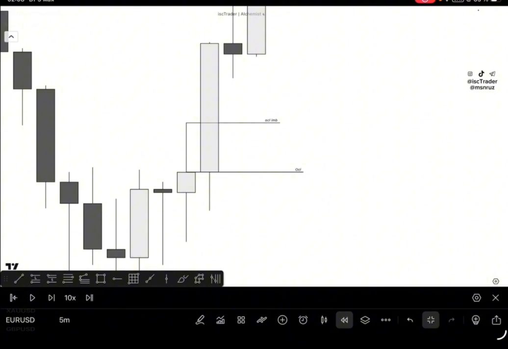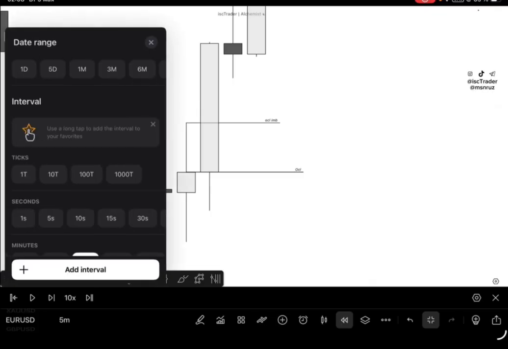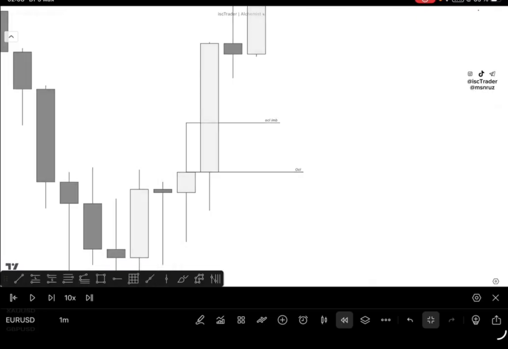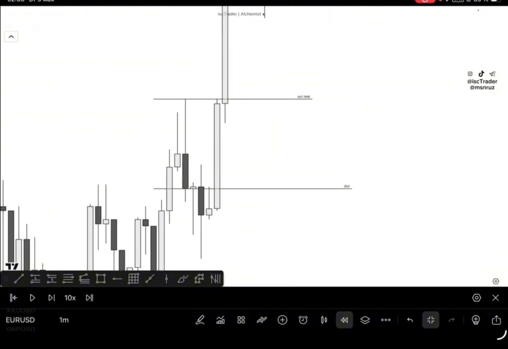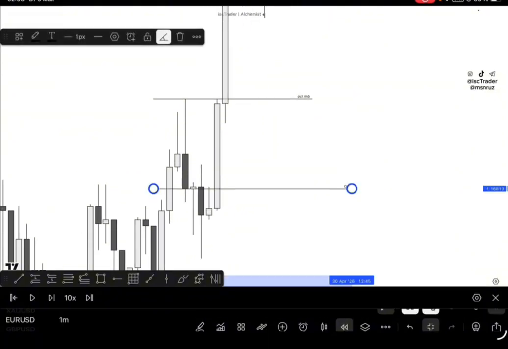Now, are these zones of ours valid or invalid? We need to check this too, and we switch to a 1-minute time frame. Look, pay attention.